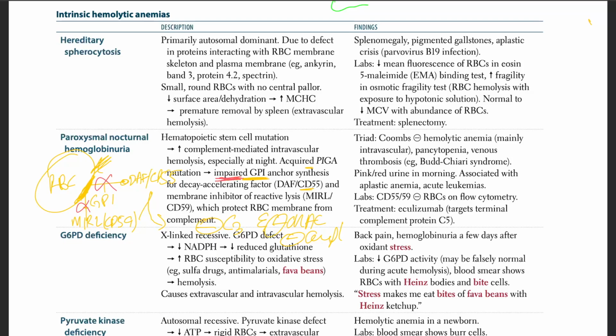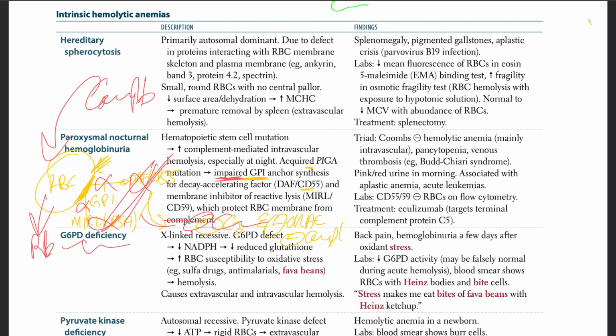When you impair the GPI, your DAF and MIRL cannot bind. When they cannot bind, they cannot inhibit the complement system, which is normally what they would be doing, but they cannot do it because you don't have these two things. So the complement system activates against the RBC, destroys the RBC, leading to hemolysis.